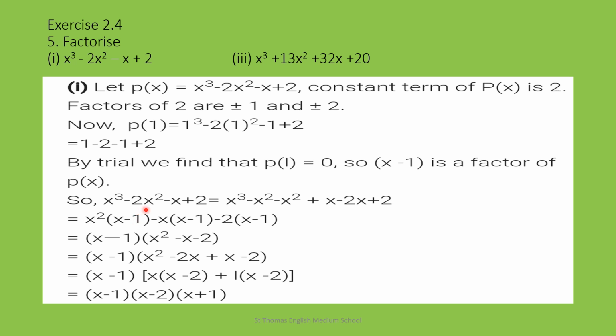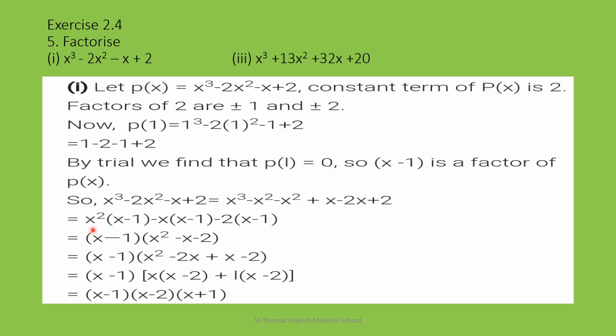So you split the second term as minus x square minus x square. That means it is minus 2x square. Take the first two terms, x cube minus x square. From that, the highest factor you can take outside is x square. So you will have x square multiplied by x, that is x cube, minus 1 multiplied by x square, that is minus x square.